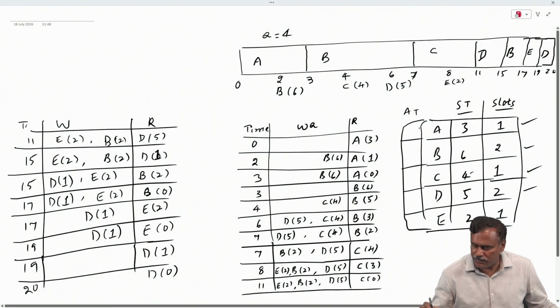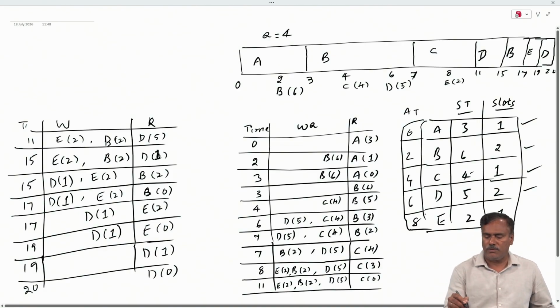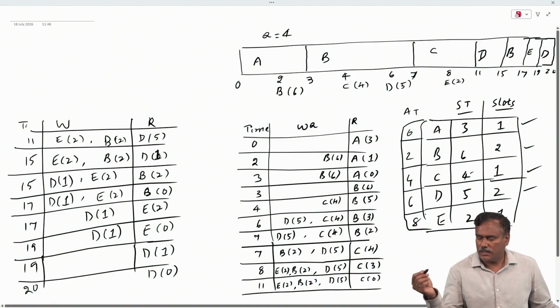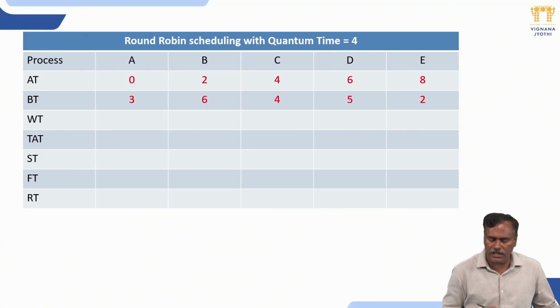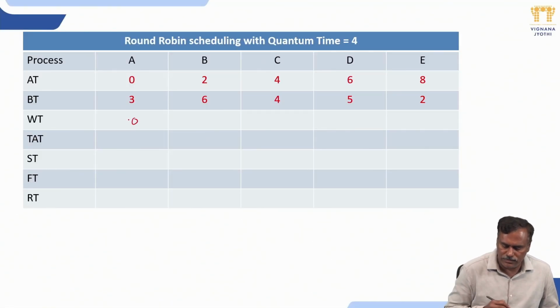These are the arrival times of the processes: 0, 2, 4, 6, 8. So you know from the chart, in a single slot process A has executed to completion. Soon after it arrived, it started its execution and completed in a single turn itself, from 0 to 3. Therefore the waiting time of process A is 0.